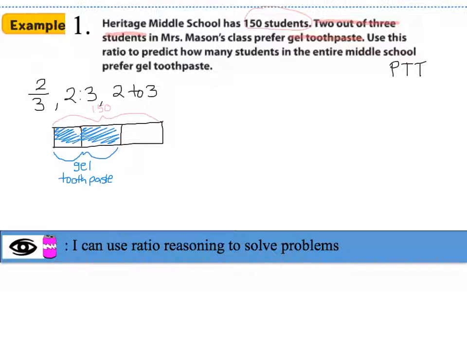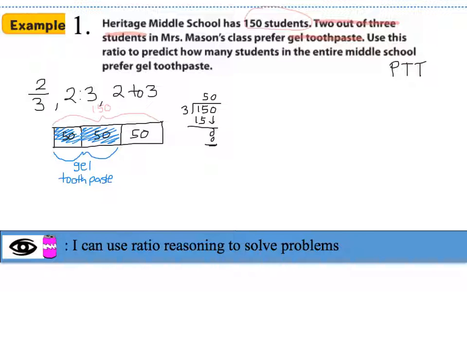So what I want to do now is take a look at the total amount, which is 150, and I can divide that by 3 because there are 3 boxes. So 150 divided by 3, after computing the math, I get 50. So each box represents 50. So this represents 50, this represents 50, and this represents 50.